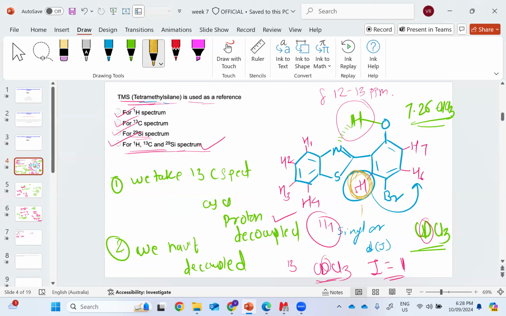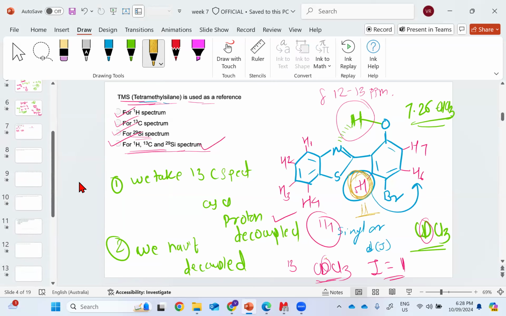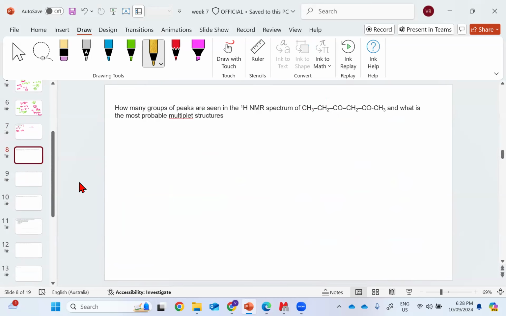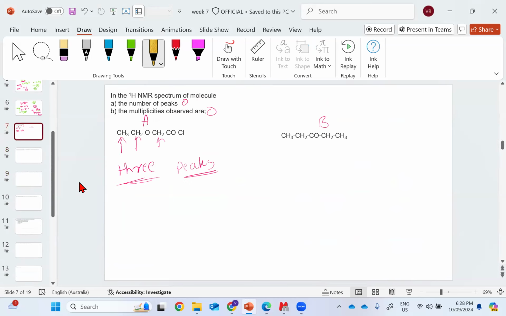So there we will get two similar signals in the 1H NMR as I showed earlier. But here, what the question says is the total number of peaks. So one, two, three. There will be three peaks for compound A.